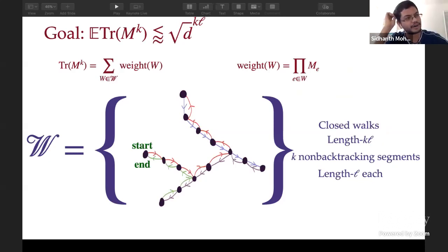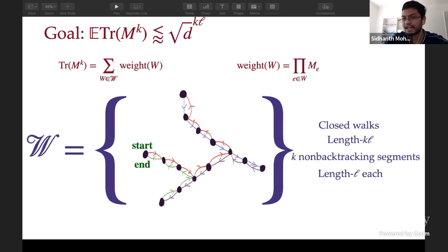So our first natural goal is to understand what the trace of the kth power of M actually is. If you do a little bit of combinatorics, you will see that the trace of M to the k is a sum over a huge variety of walks, where the summand is an appropriate weight of a certain walk. Now let's understand what this collection of walks is.